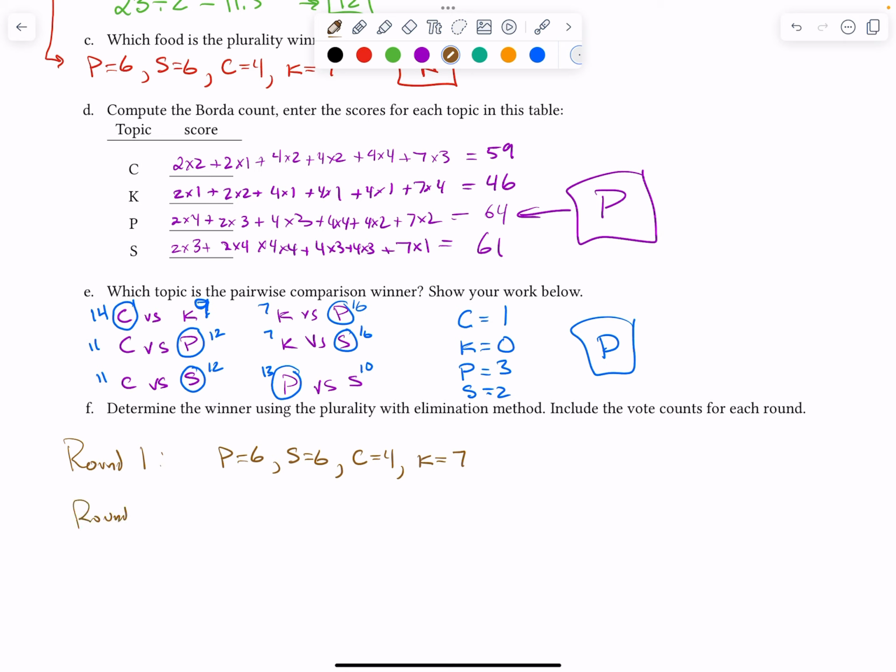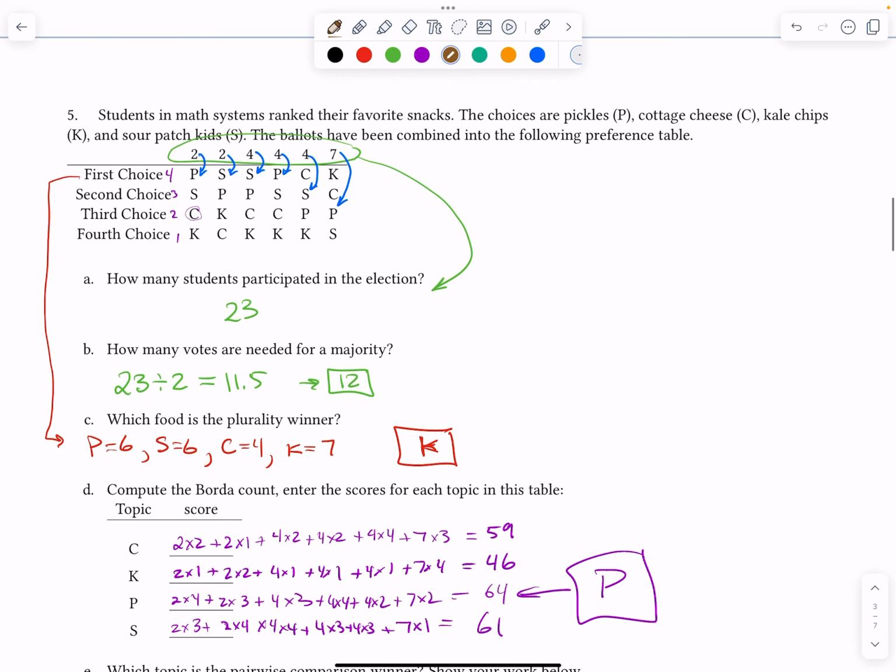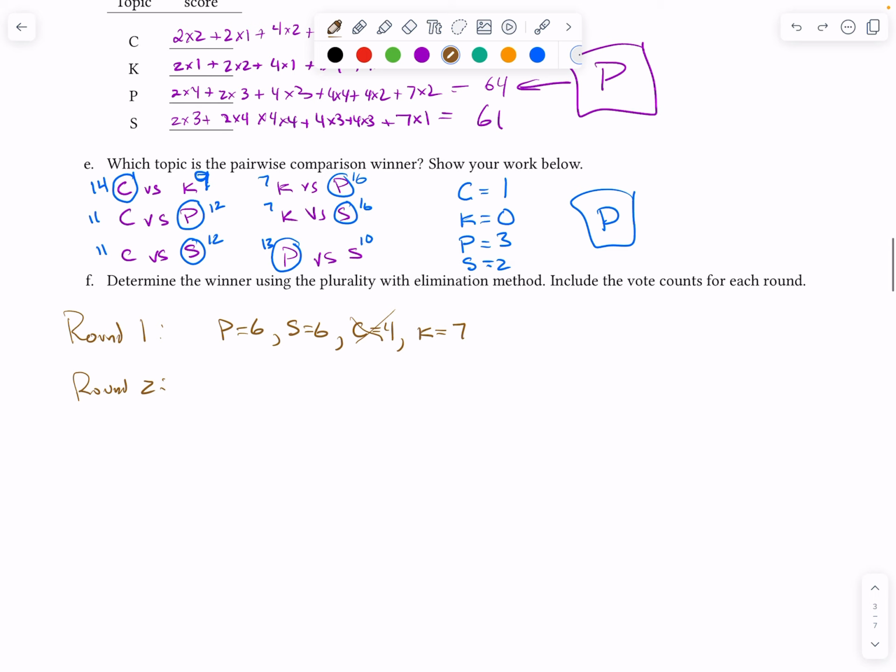Okay, so this is round 1. Then for round 2, we're going to eliminate C and redo the election. So for round 2, let me erase all of these arrows. So we're eliminating C, redoing the election, and it looks like the only difference is that these 4 people right here are going to vote for S instead of C. And so that will give us the following.